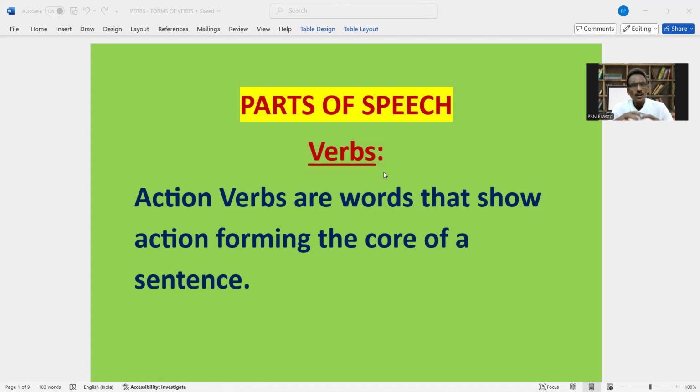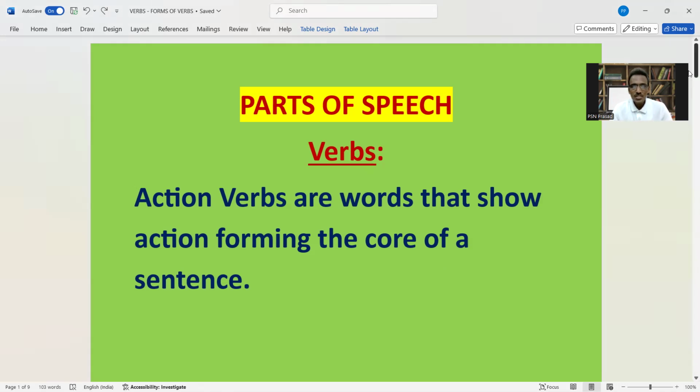Of course, the verbs are all under parts of speech because all the words in a sentence are divided into noun, pronoun, verbs, adjectives, prepositions, etc. So that we learn a little later. So today we are going to learn about the verbs or the action words.